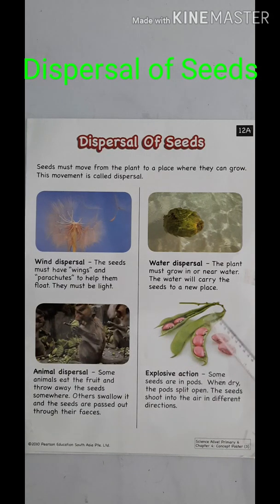Next, explosive action. Some seeds are in pods. When dry, the pods split open. The seeds shoot into the air in different directions, so the seeds go to a new place.